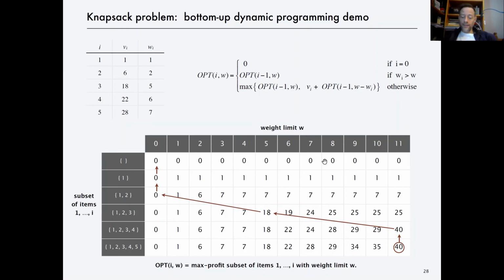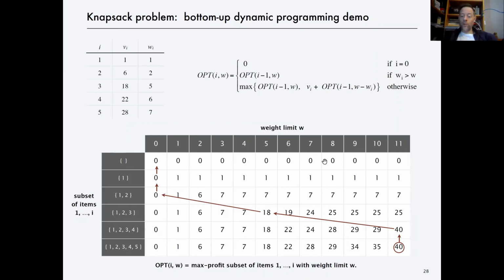What we also can see here is that if the value in the corner is the same as right above, it means that we are not including the item. So here it means that we will not include item 5, but we will include item 4, and then we now have used 6.